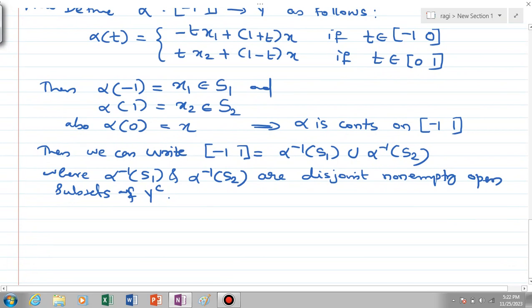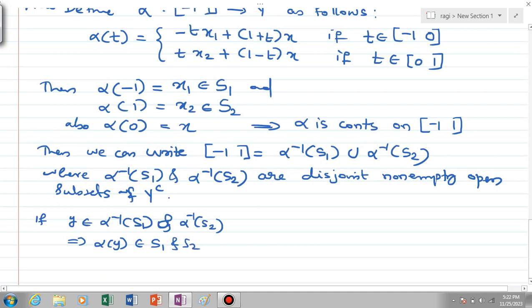Of course, disjointness can be proved as follows: if some point is an element of alpha inverse of S1 intersection alpha inverse of S2, it means that alpha of that point is an element of S1 and S2, which means that S1 intersection S2 is not equal to empty, a contradiction.